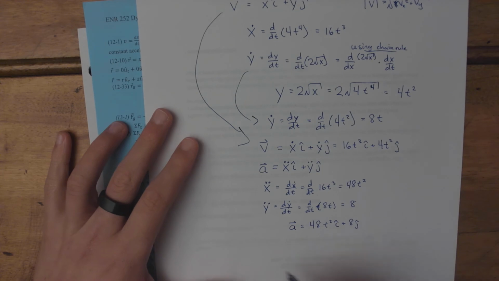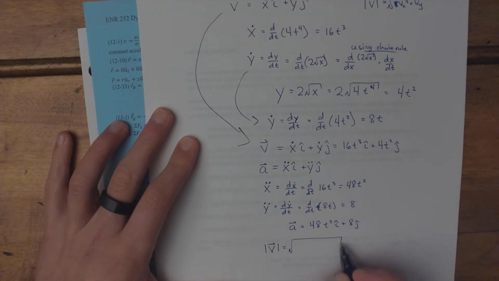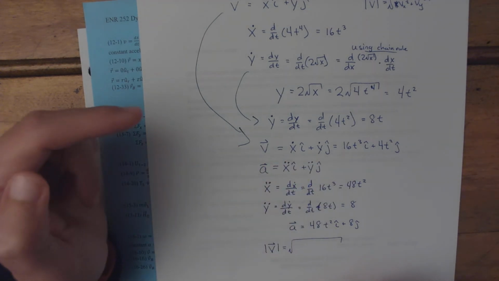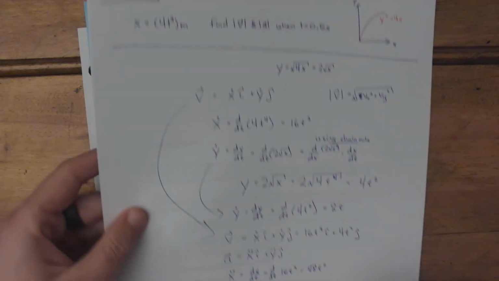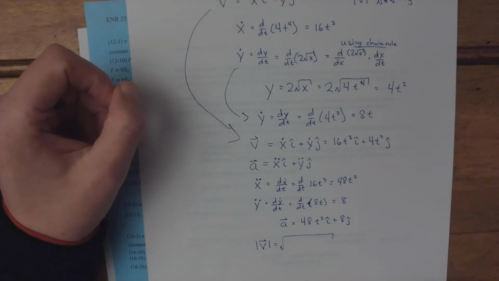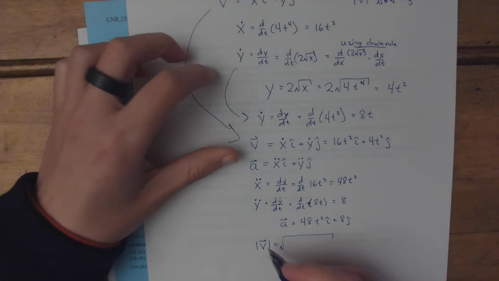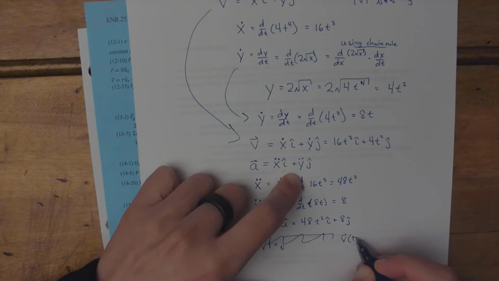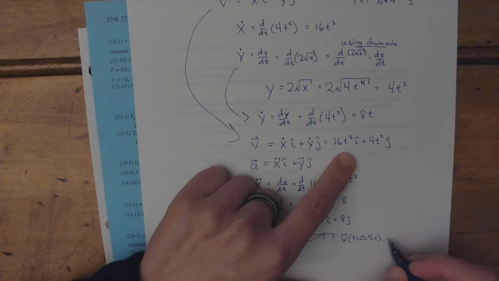So just to conclude then, for the velocity, we have to put in 0.5 seconds for the time. Let's do that first. Okay, so the velocity when t is equal to 0.5 seconds is, here's my velocity vector.